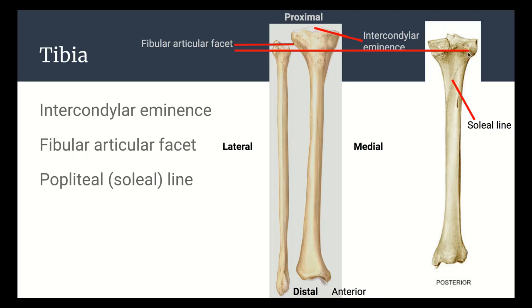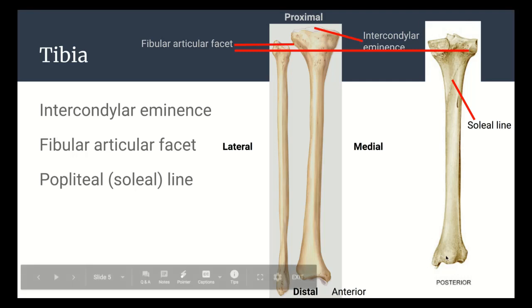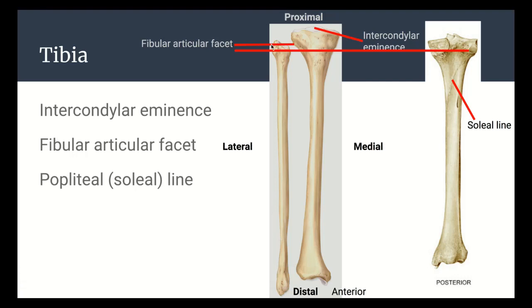That's where part of the fibula is going to be interacting with the tibia. On the proximal aspect of the bone, this is just the posterior view, but this is our normal anterior view. And you can also see it here, you can imagine it would just be a little bit posterior to this surface of the bone. And then we have the popliteal or soleal line.